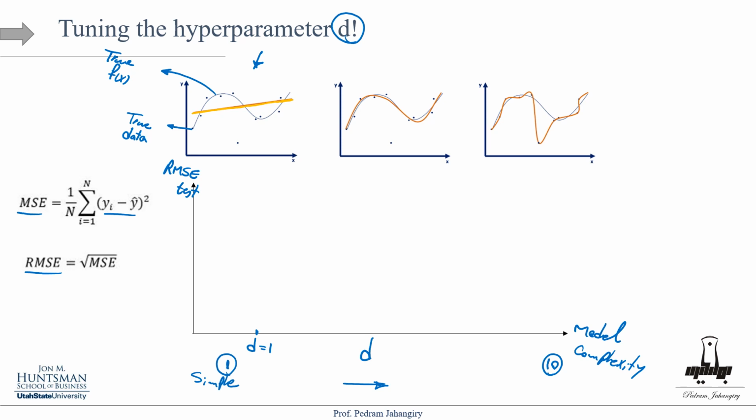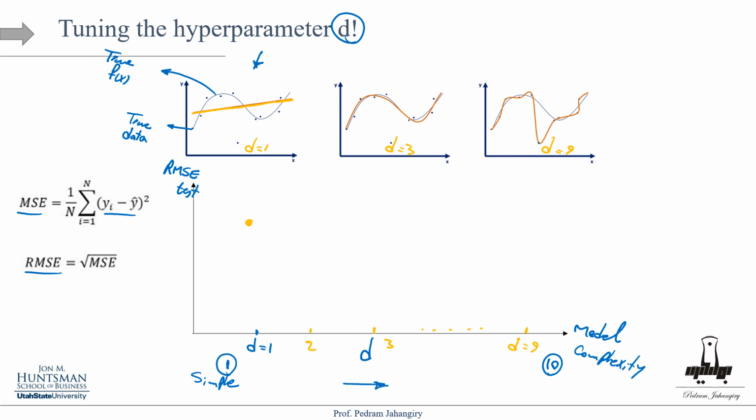So the RMSE in the test set is going to be large, right? So let's say this is the RMSE for d equal to 1. Let's say here d is equal to 3, and here d is equal to, I don't know, maybe 9, right? And we have here d equal to 2, d equal to 3, and maybe d equal to 9 is here.